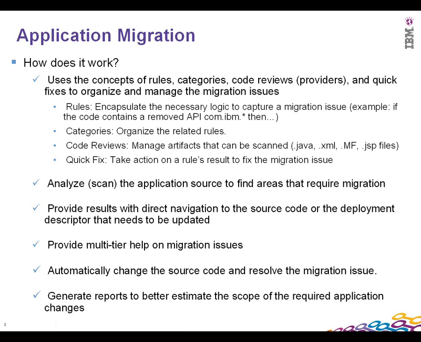So how does it work? It works based on rules, right? The rules are nothing but, for example, if it is something like this in Oracle App Server, then how it should be in WebSphere App Server. These rules are based on our industry experience over the years. Before this tool, we used to do the migration manually, and we learned the best practices.